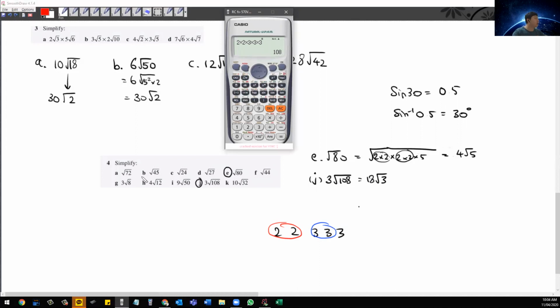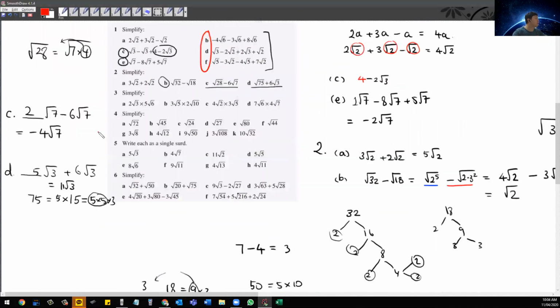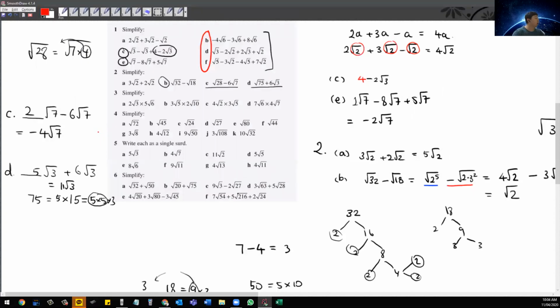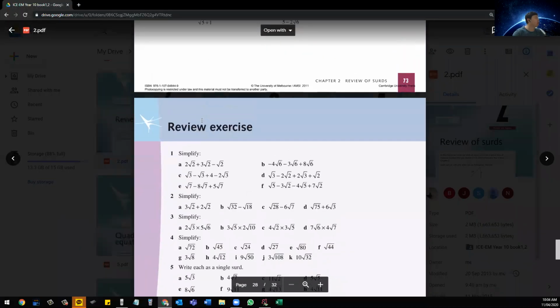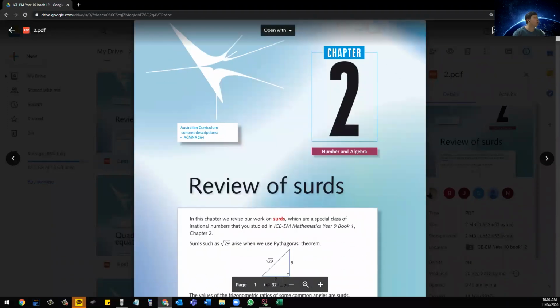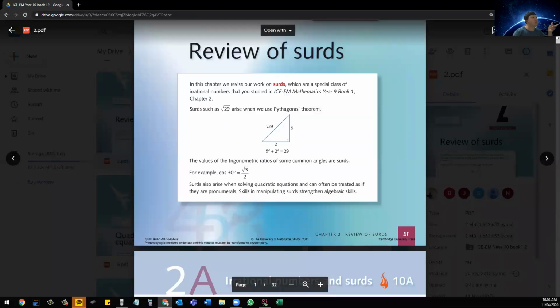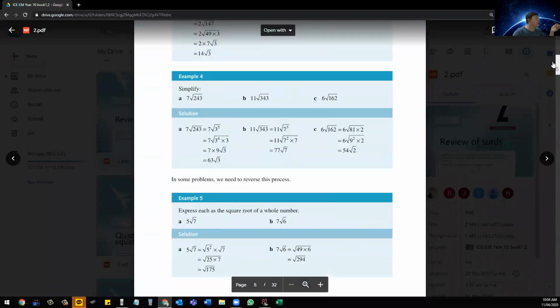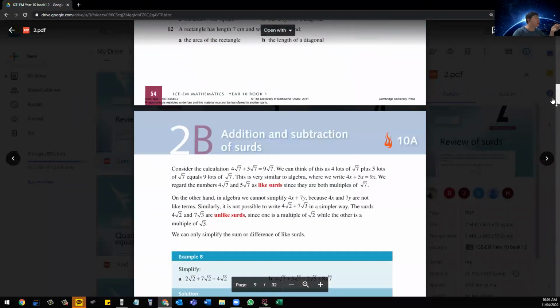Okay, moving on to the next question. What we are doing right now is the review section of all of chapter 2. Typically your textbook is divided into sections, so if it's chapter 2, you start doing 2A, 2B, and 2C, etc., right?